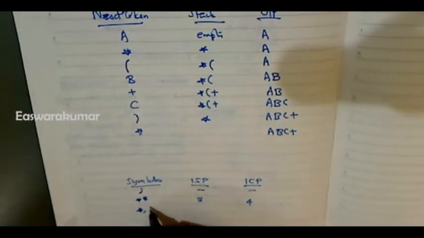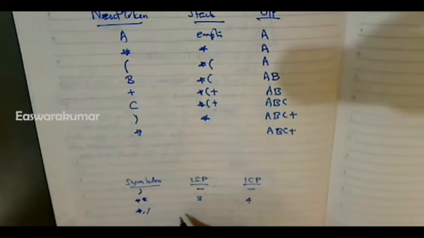Now if star or slash comes, the in-stack priority is 2 and incoming priority is also 2. Similarly, if binary plus or minus comes, this is 1, this is 1.